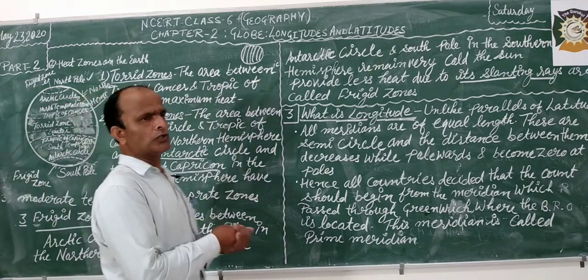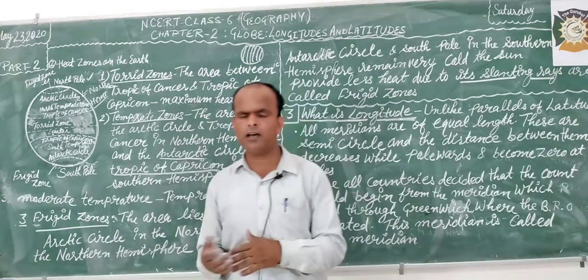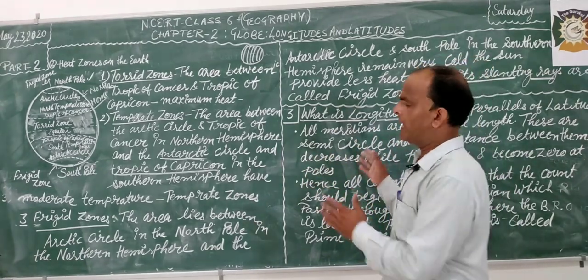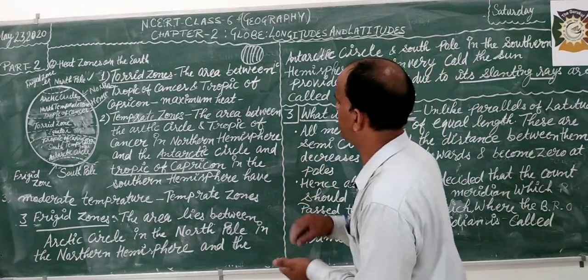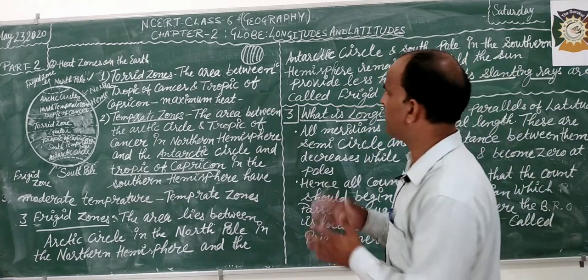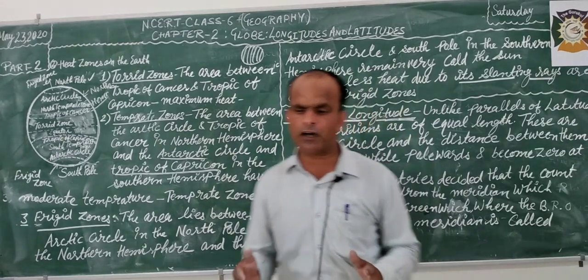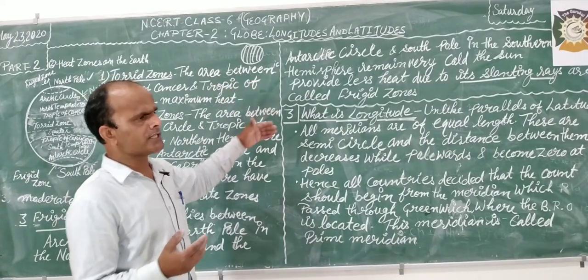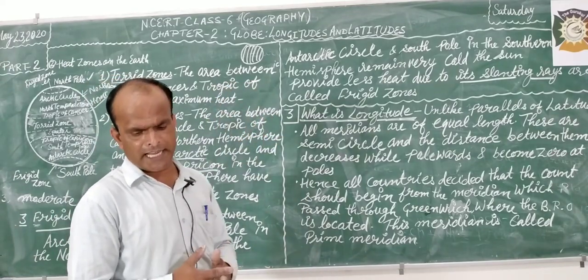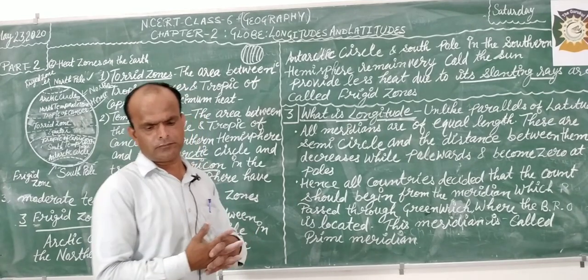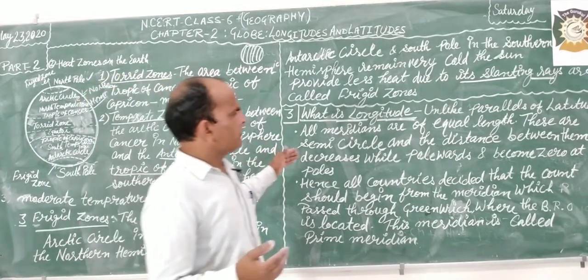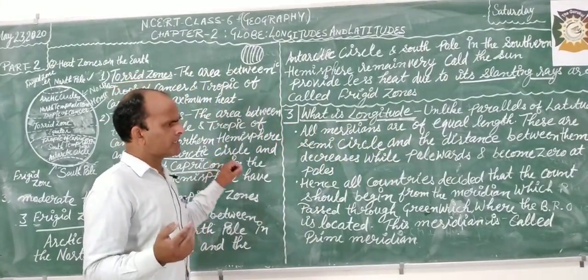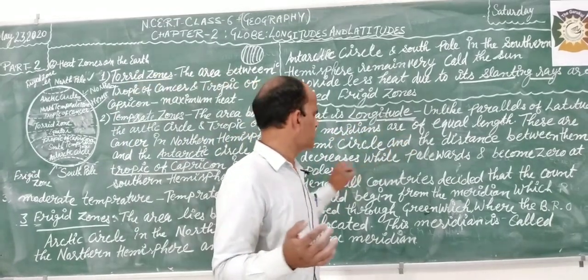Next we discussed longitudes, the reference lines called meridians, always measured in degrees, further divided into minutes and seconds, and the distance between them decreases towards the poles and becomes zero at the poles.